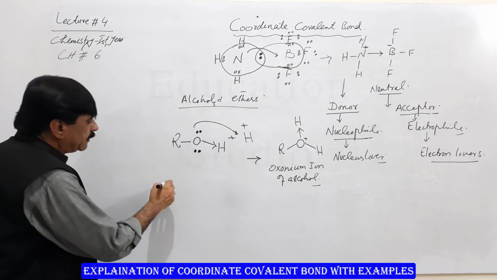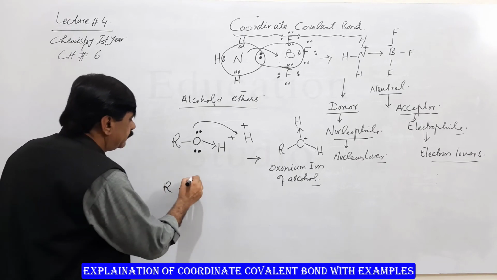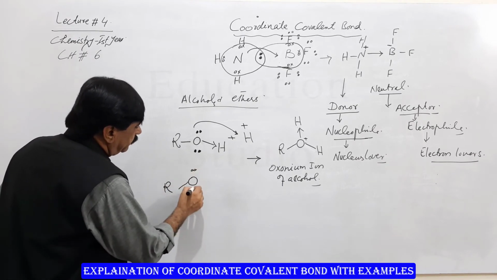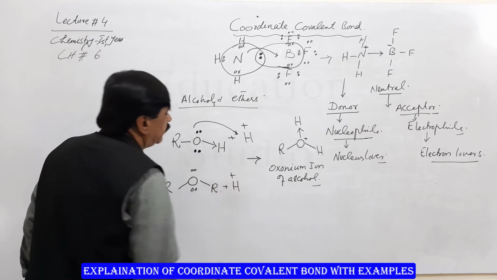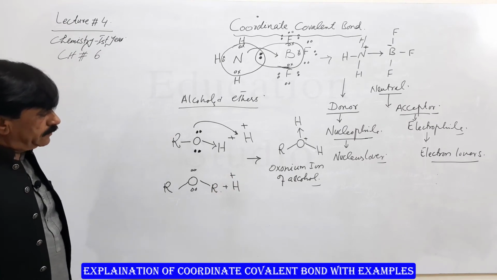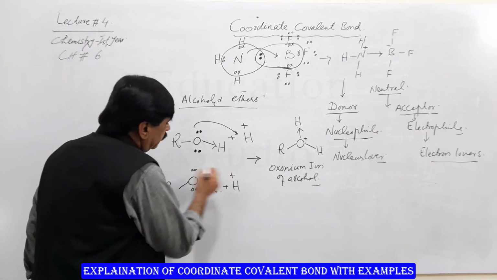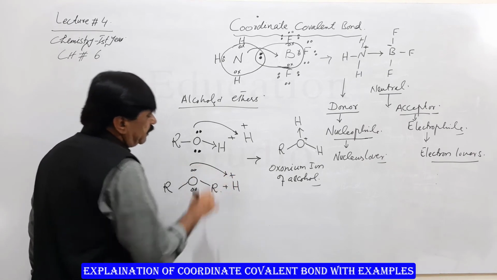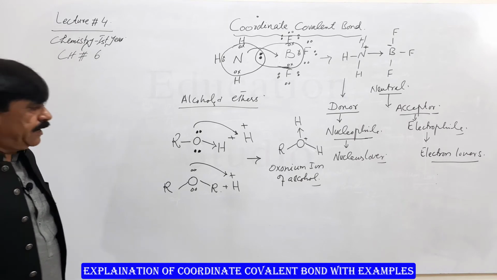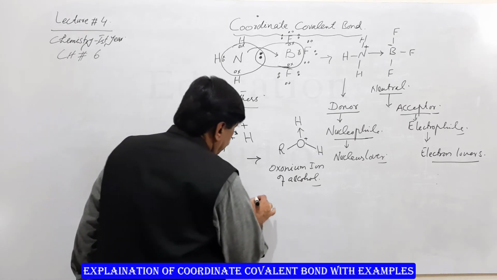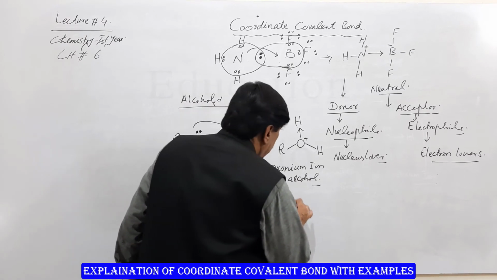Similarly, in ethers, when a hydrogen ion is there, the lone pair from the oxygen is donated towards the hydrogen ion, forming the oxonium ion of the ether.